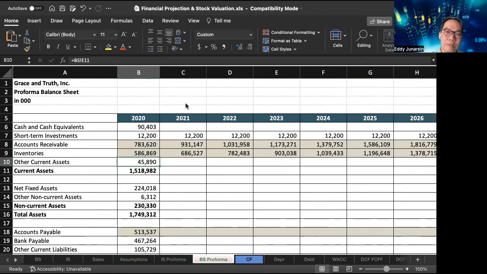Other current assets, if it's not substantial, you could assume that it's constant. Or another method is, of course, the percentage of sales. Right?